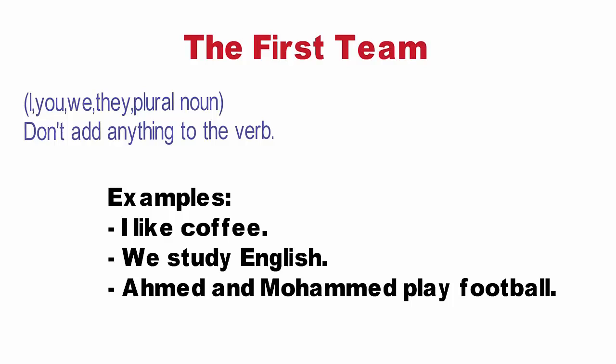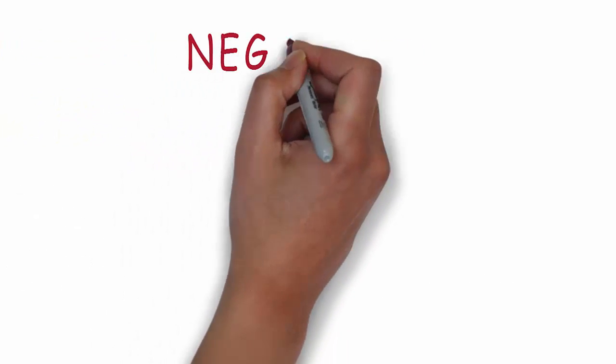You didn't say likes, you didn't say liked, you didn't say liking, you didn't say will like, you just put like as it is. So these are some examples of the present simple tense if the subject is one of the first team, like we said, if the subject is I, you, we, they, or a plural noun.